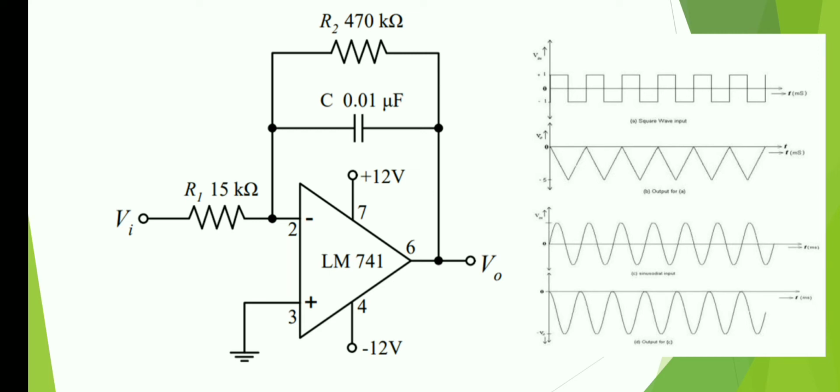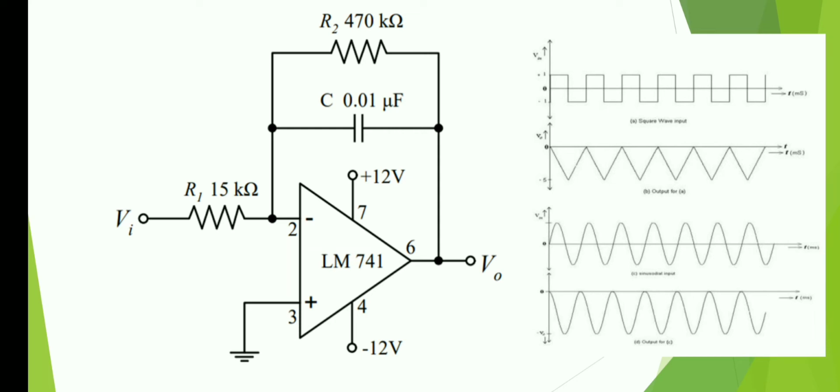Since at low frequency or in direct current or DC voltage, the capacitor produces a blocking current which reduces the feedback and the output voltage saturates. For this case, a resistor is connected in parallel with the capacitor.